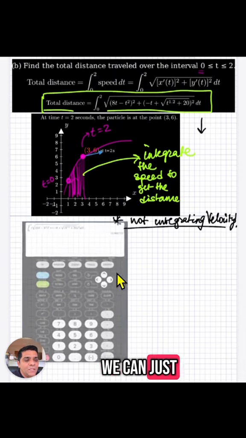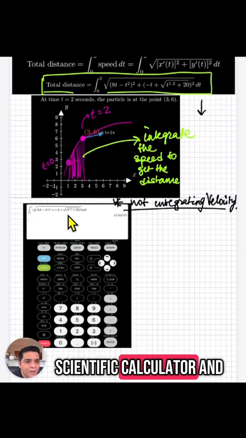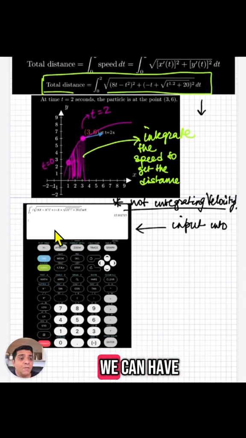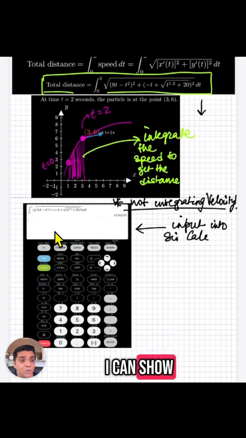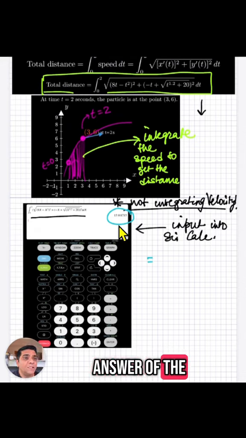Then we can put that into our graphing scientific calculator. If you're interested, we can have another time when I show you how to actually input that. But we inputted that into the scientific calculator, and we get this answer for the distance.